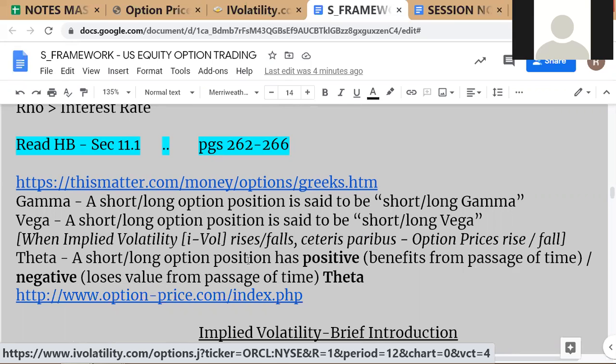And a long option position has negative theta. So short is positive theta, long is negative theta. So the point here is that if you have a long option position, you will lose value from the passage of time.